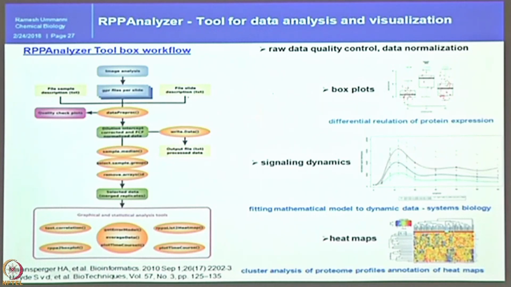After image analysis, the data can be collected in the form of GPR files, and you will also give the sample description file, what kind of samples you printed there, and the slide description, what kind of antibodies were probed, like 10 or 20 different antibodies against a set of samples, and then you process it.